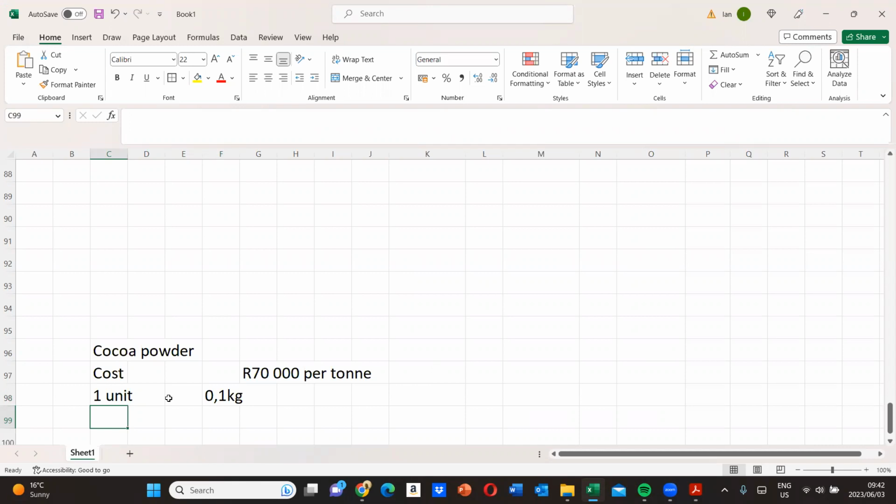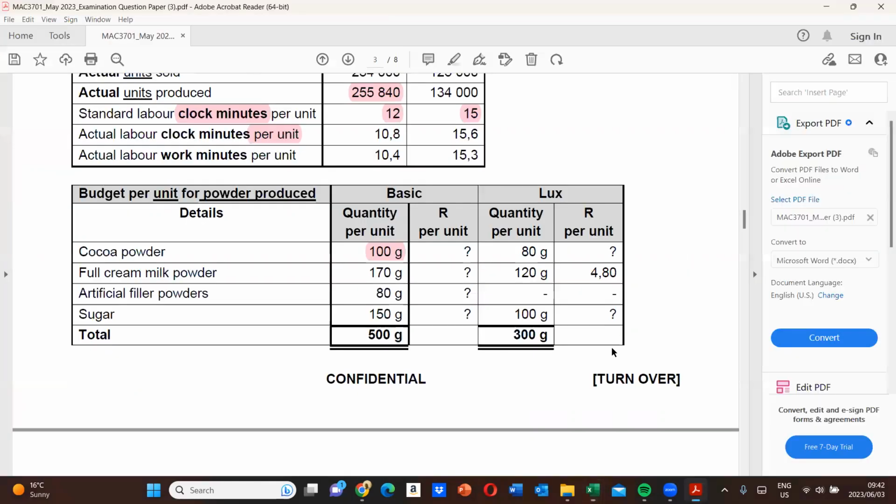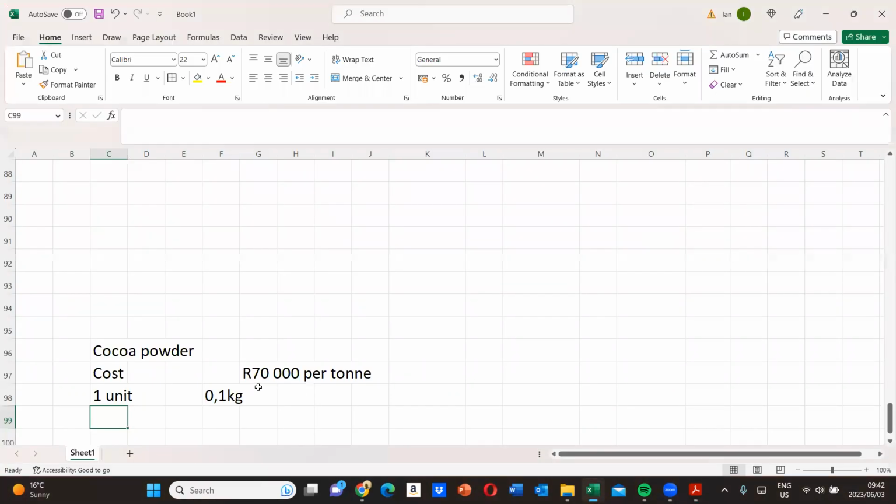Now, let's look into it so that we have a better understanding. How many units did you actually produce? Since we are not working with totals, we could have just worked with price per unit.